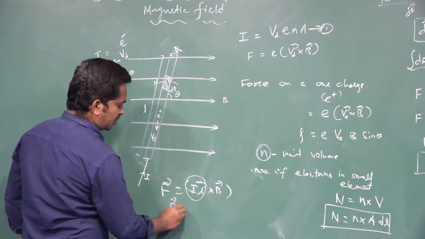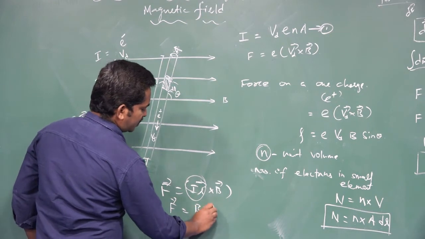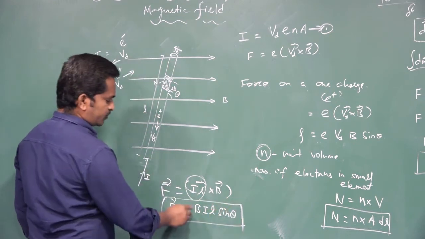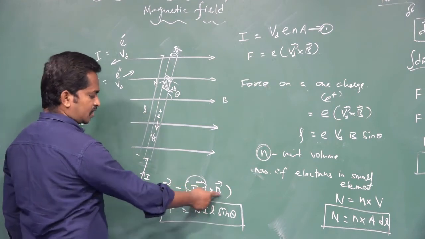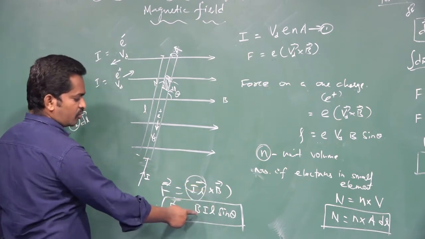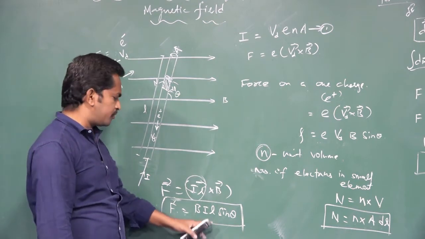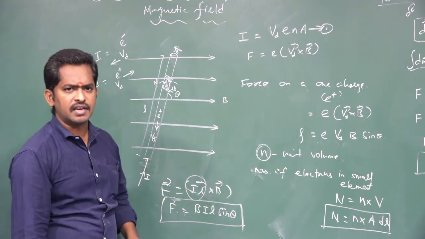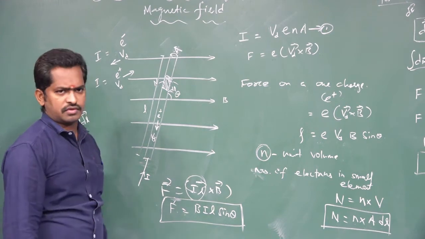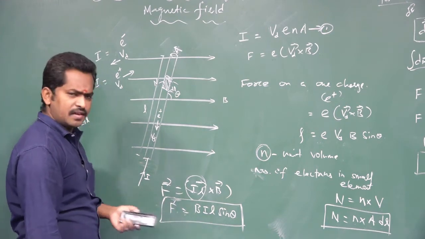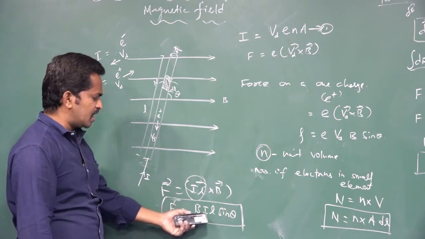So F is equal to BIL sin theta. This is the magnitude of force. I want to calculate the direction of force.